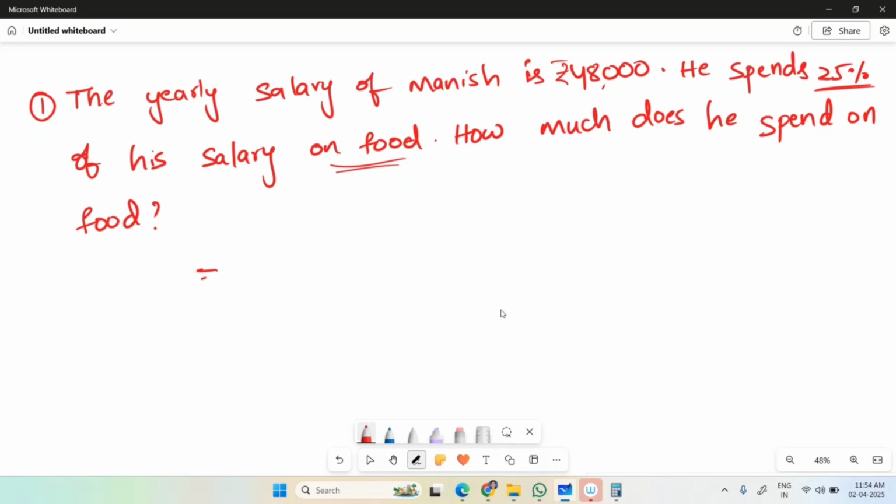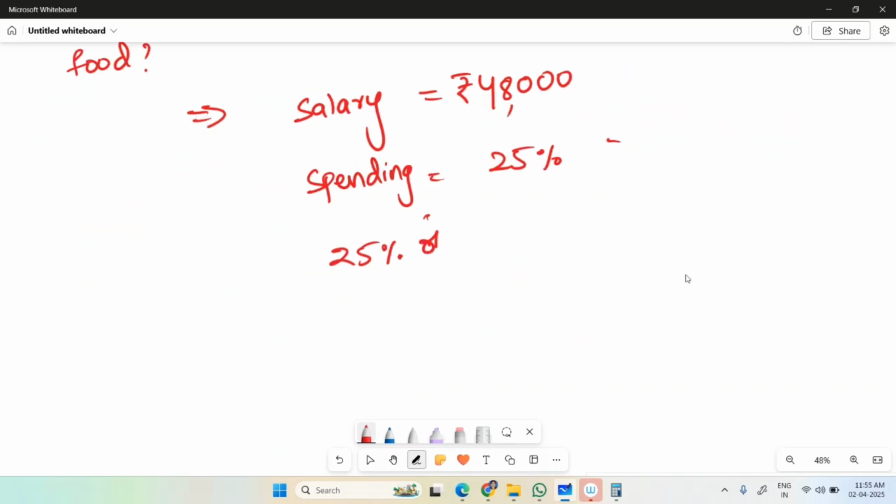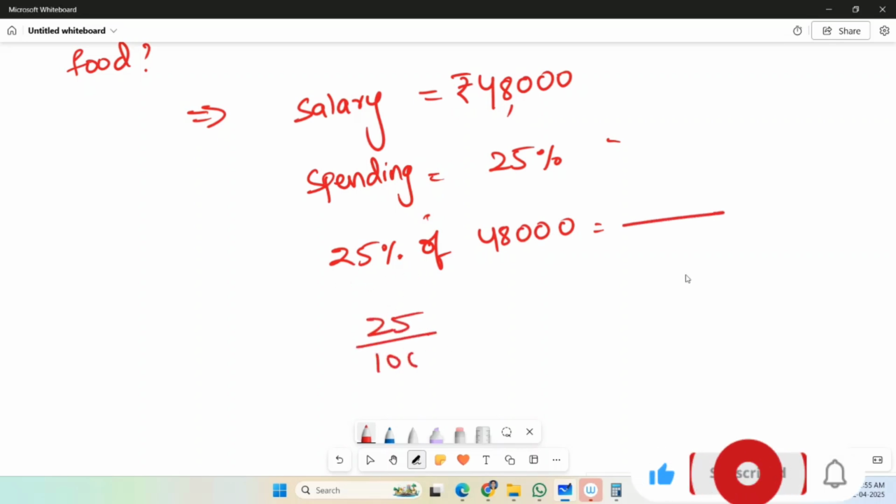So let's see what was given in the question. Manish's salary is 48,000 rupees, right? So he spends only 25%. Now we have to find out what 25% of 48,000 is. 25% means 25 out of 100 times 48,000.